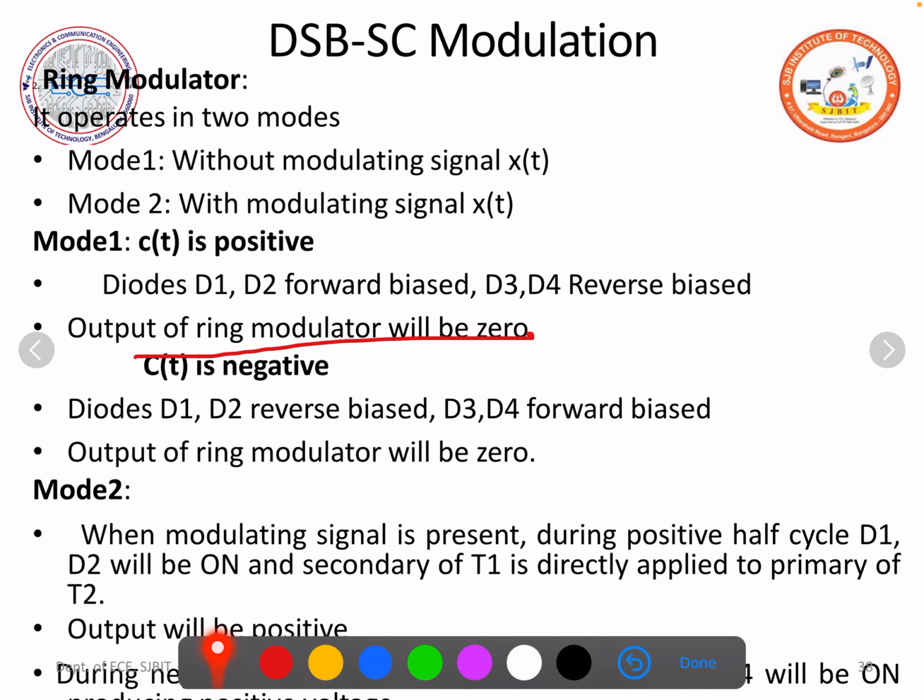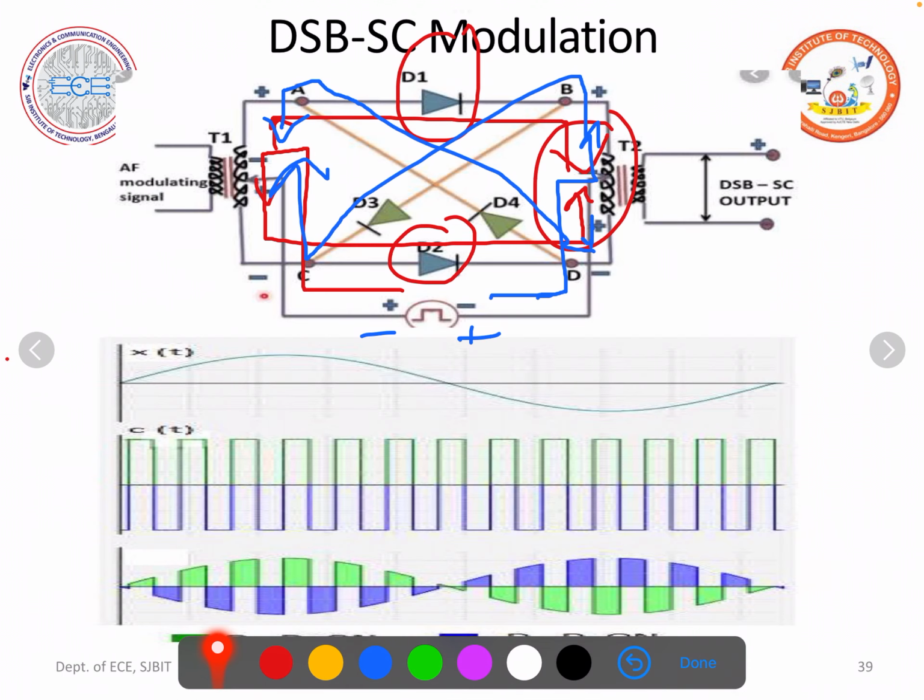In the second mode, when you have the message signal x of t, the modulating signal is applied to the primary of T1.